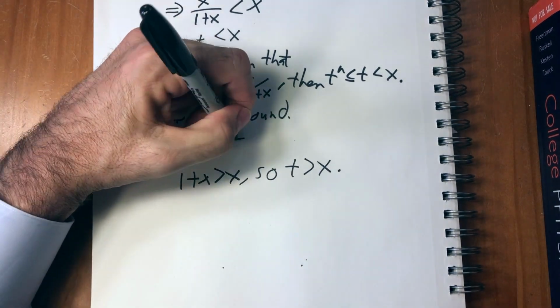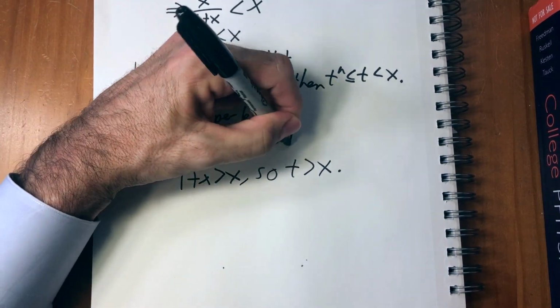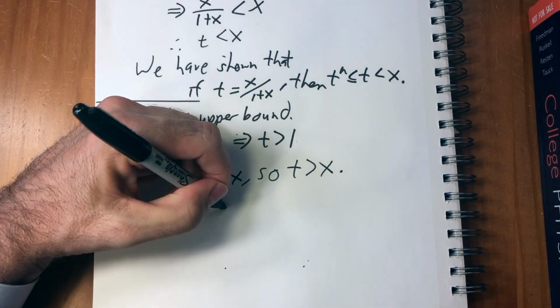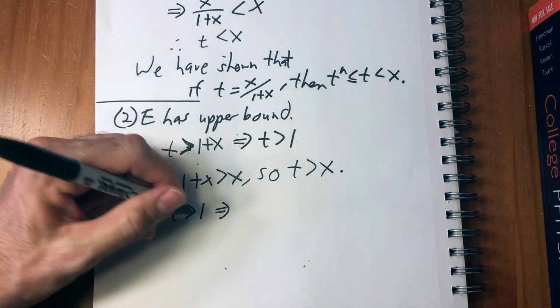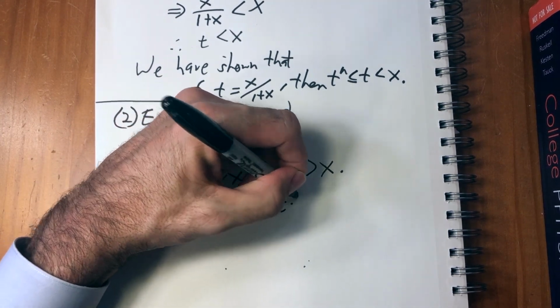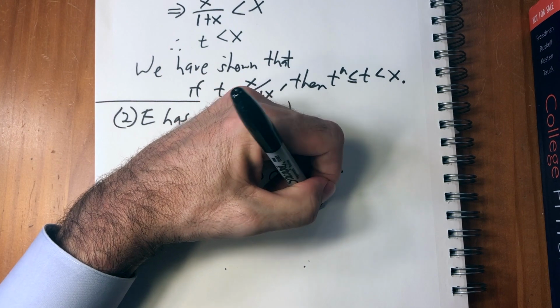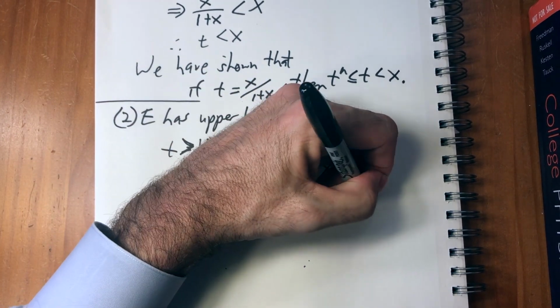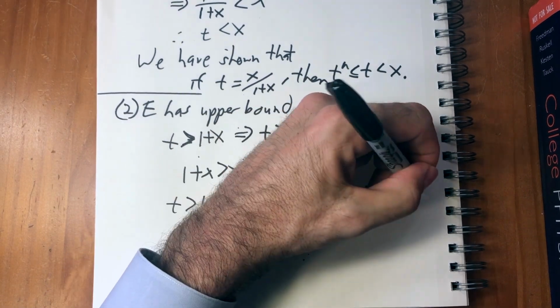Oh, we also know that t then is greater than 1. So if that's the case, then if t is greater than 1, we can do the same thing we did before. Multiply both sides by t, and we have t times t equals t times 1 is greater than, and then t times t times t is greater than t times t, and so on.